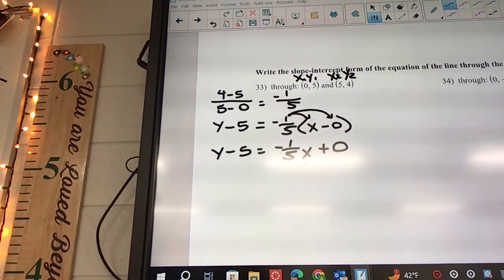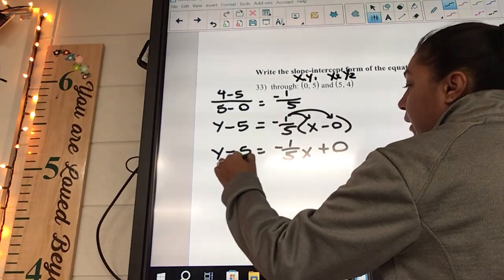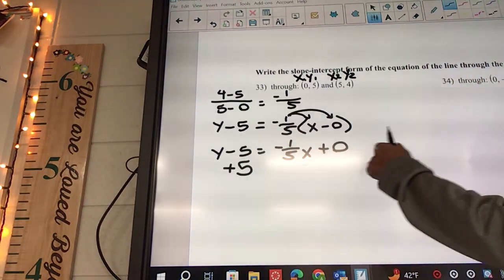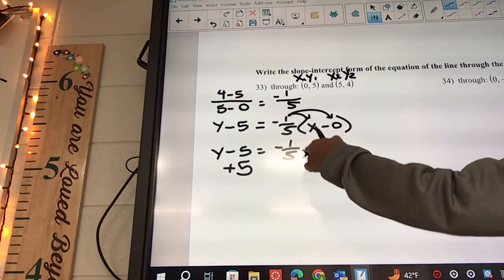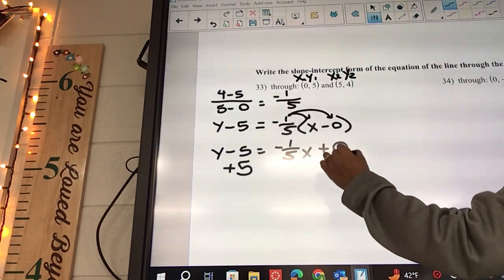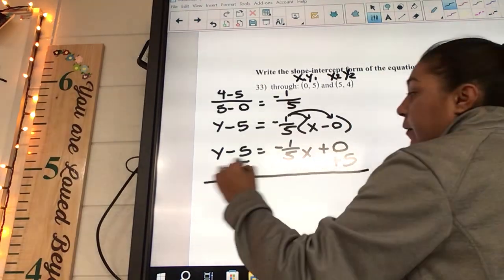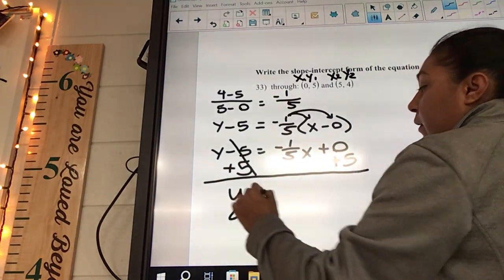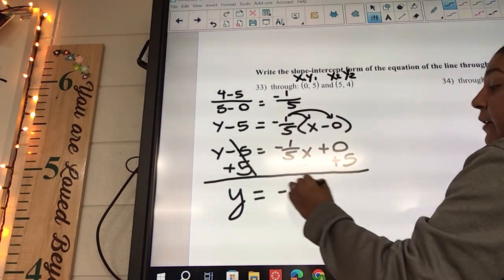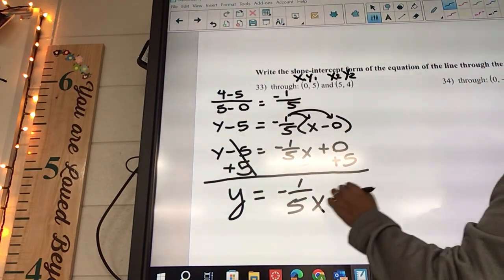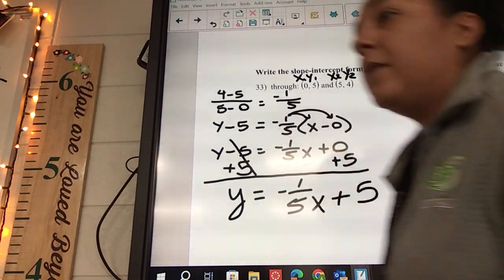Our very last step is to move that 5, so we say plus 5. When you forget to put the 0, you put that 5 with this, and it does not belong with this, it belongs with this one. So I got negative 1 over 5x, and 0 plus 5 is 5.